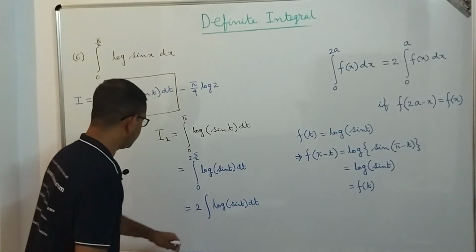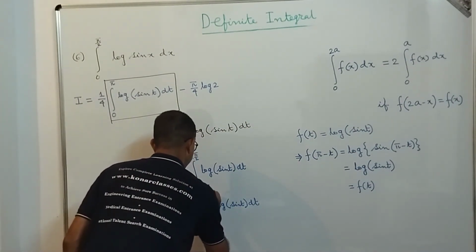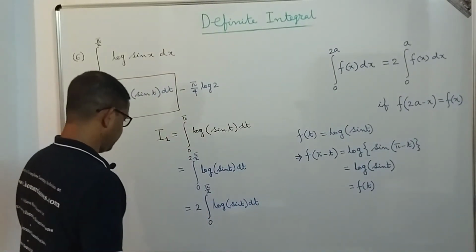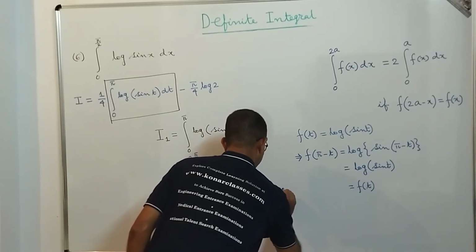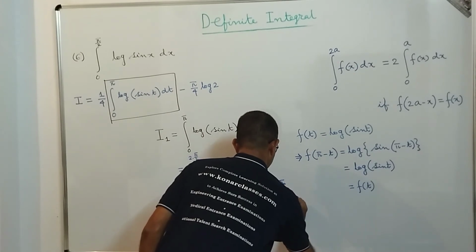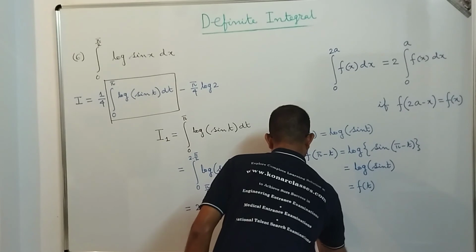So we can write 2 into the integration from 0 to pi/2 of log of sin t dt. So this is equal to 2 into the integration from 0 to pi/2 of log of sin x dx.